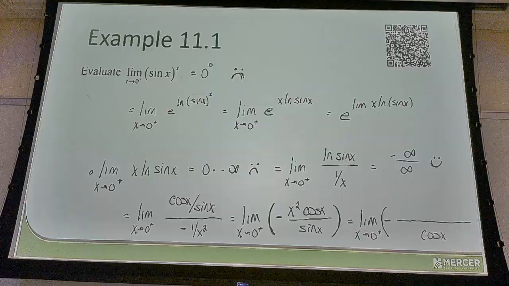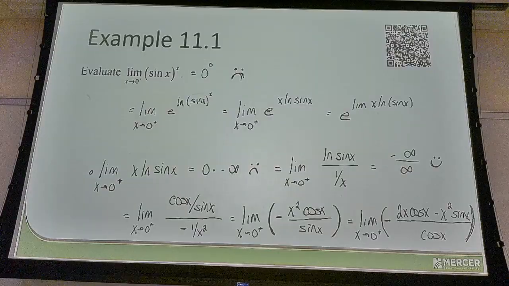What's the derivative of the numerator though? Two x cosine x plus minus x squared sine x. Oh, yeah, you can take out x. When x equals 0, numerator is 0, denominator is 1, this limit is 0.